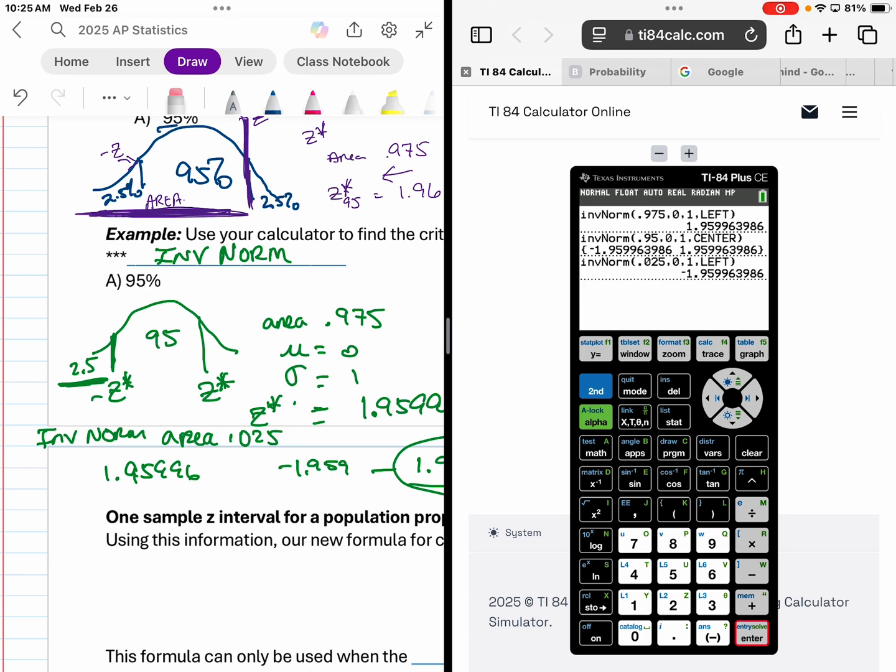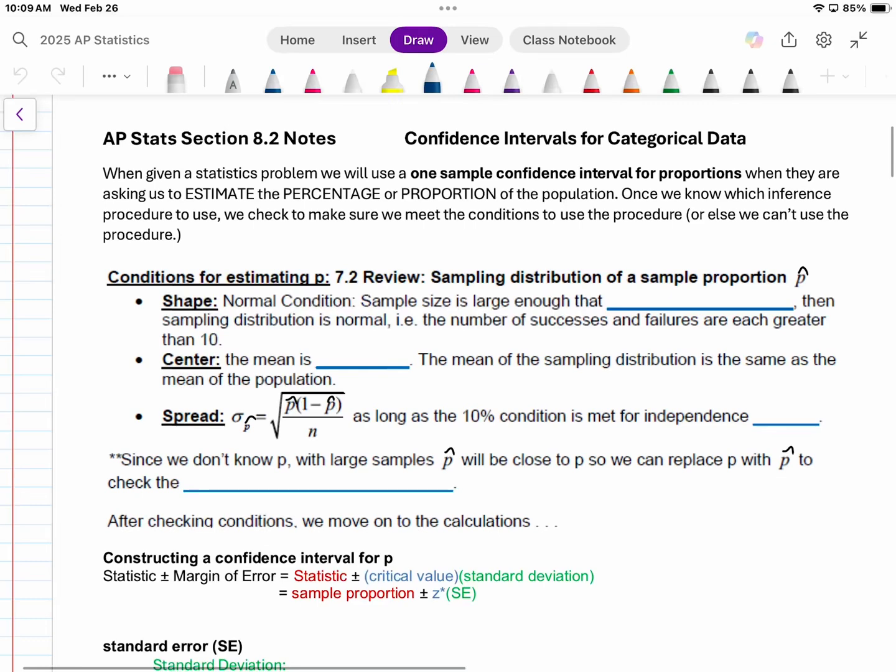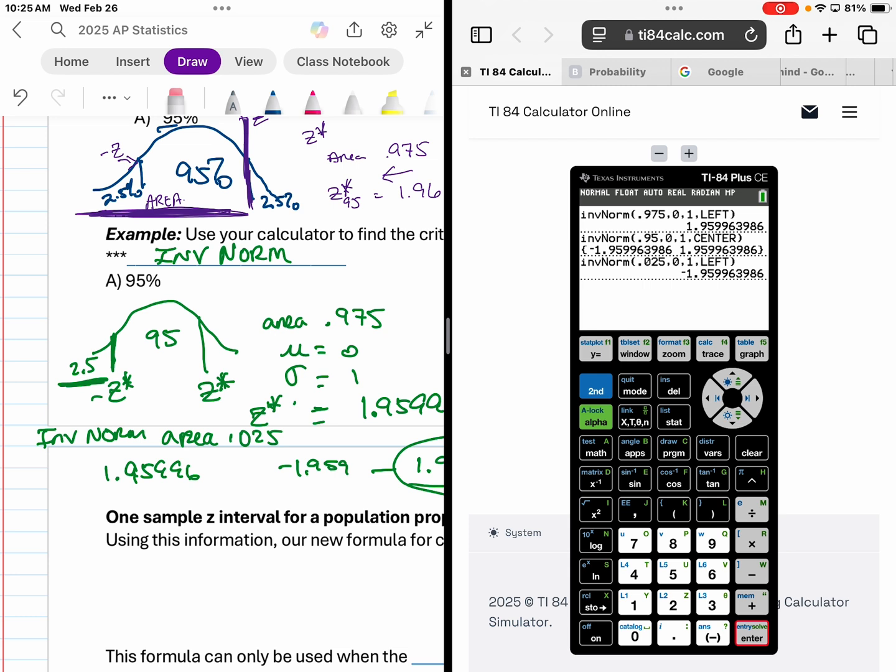Now I will say this. With this chapter and the next chapter, typically the confidence intervals they're asking us to do on the AP test are a 90%, 95%, or a 99% confidence interval. Sometimes they squeak in a 98. They never ask us for a 71% confidence interval, or an 84% confidence interval.